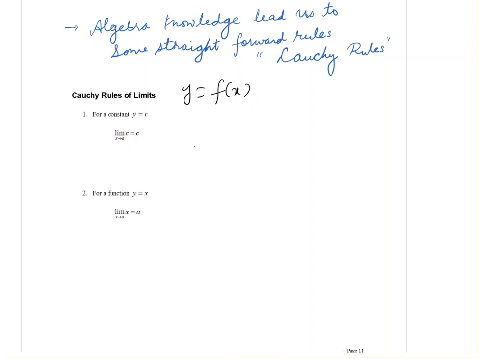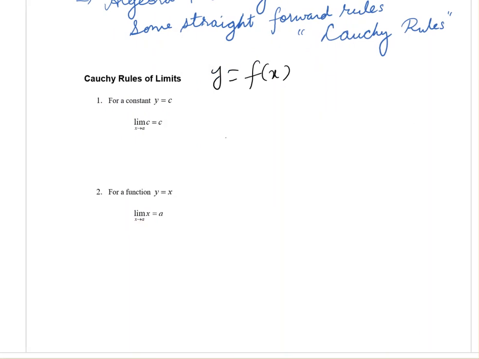Let's say if we have y equal to 7, that's our function, and then the limit of x approaching 2 of f(x) would be the limit of x approaching 2 of 7. The function is 7.